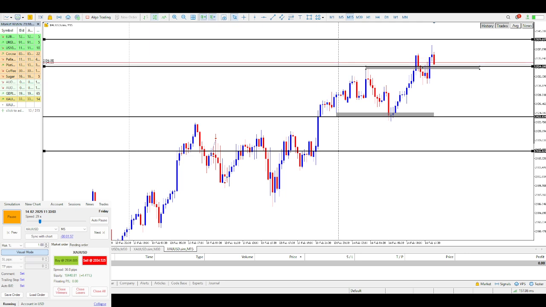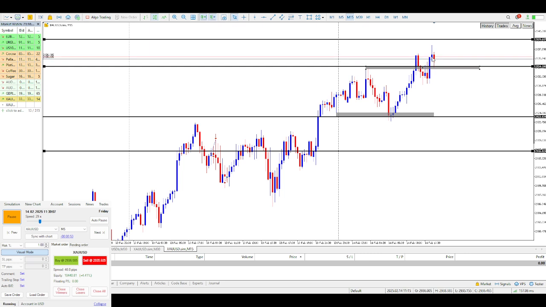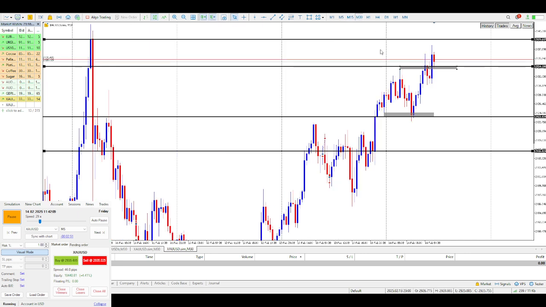I wanted to take buys, but again I saw that this M15 closed a very weak bullish candlestick. It kept me off. Sometimes it's good to wait for candlestick to close.